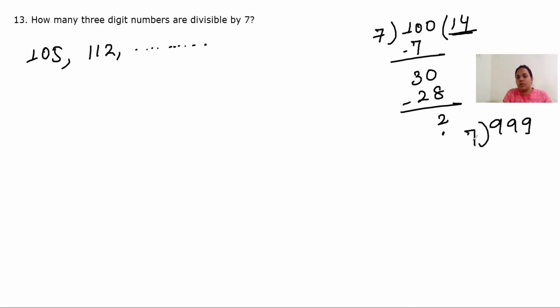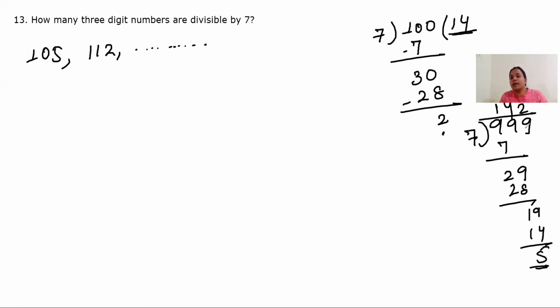So we will divide 999 by 7. 9 minus 4 is 5. So when we divide 999 by 7, the remainder is 5. It means that the last 3-digit number divisible by 7 is 994.